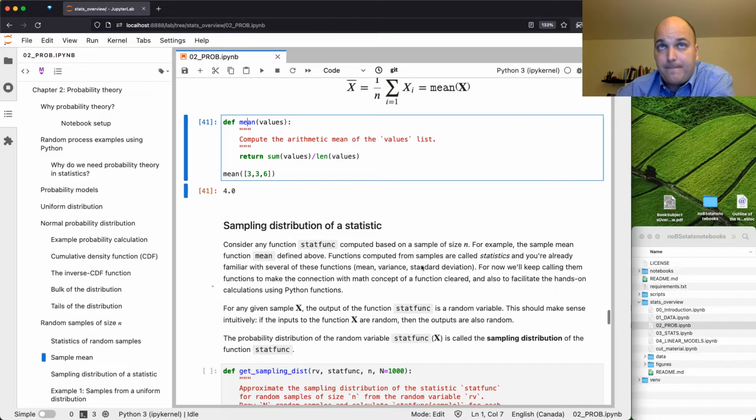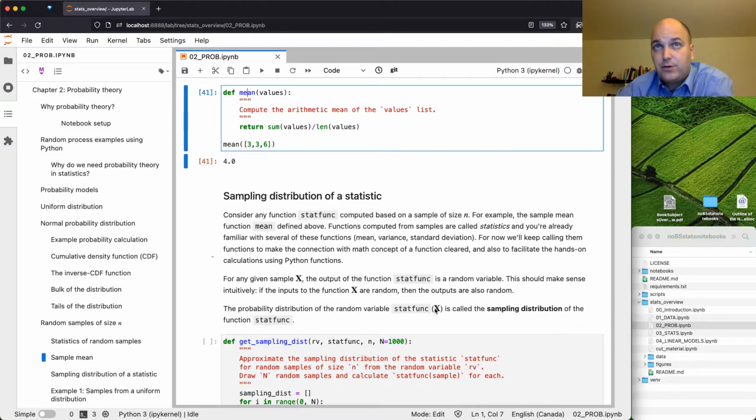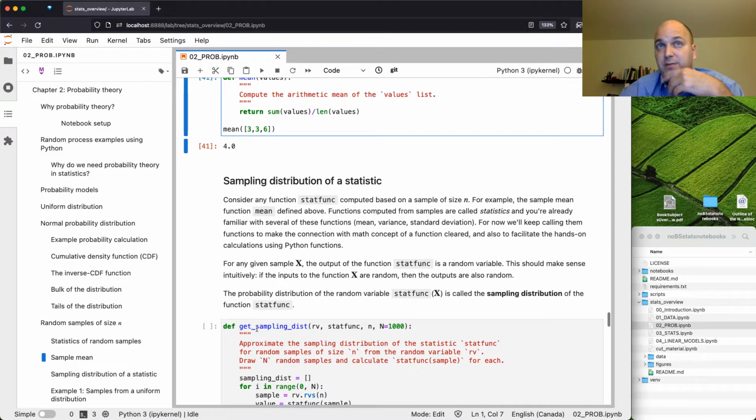When you compute that statistic of a given sample, you get a different number out. So the sampling distribution says, well, what if I keep repeating? I get a different sample, compute the statistic. Repeat, get a different sample, compute this. So that's the sampling distribution.